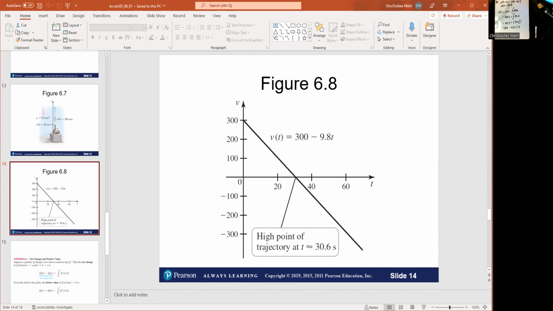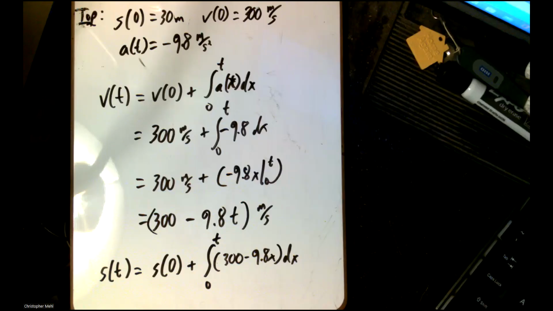I know the initial position, and so I can find s at time t by the initial position and integrating the velocity function like so.